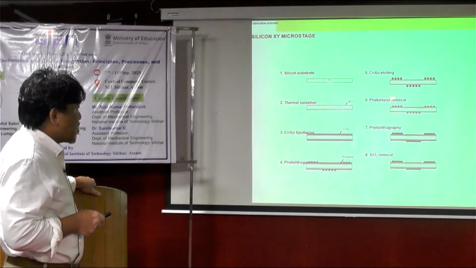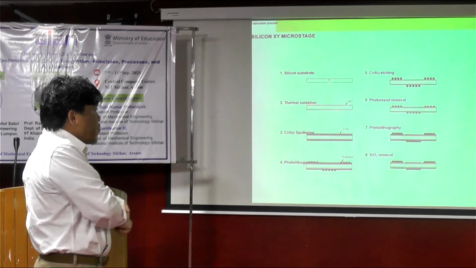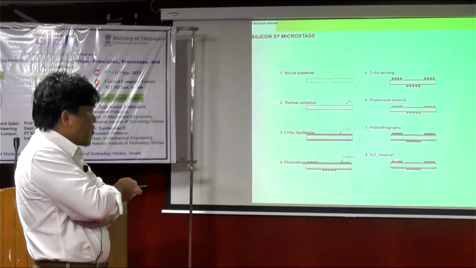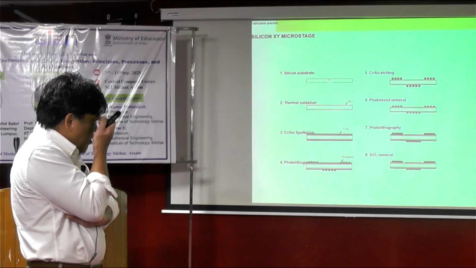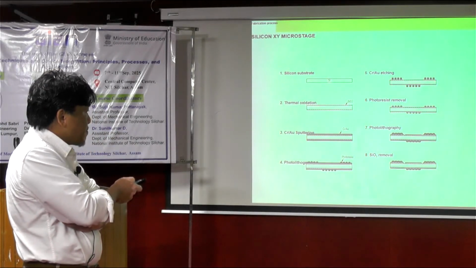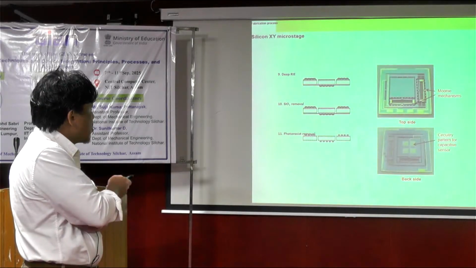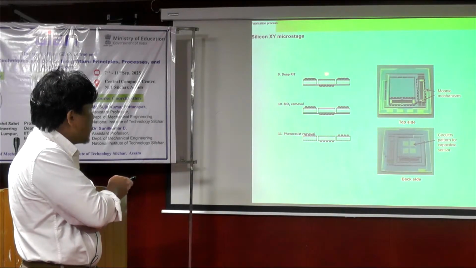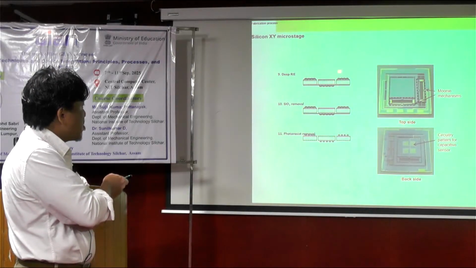Then remove the photoresist here, and do photolithography again in order to remove the silicon dioxide layer as an opening before we do the structural etching. So then we do deep RIE, reactive ion etching, as I mentioned before.